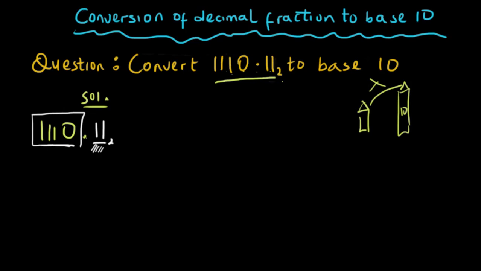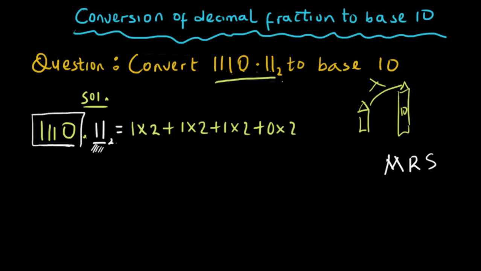Now let's look at this. Now remember, the first thing, multiply, rank, and then we have simplify. So we multiply by the base. So we have 1 times 2 plus 1 times 2 plus 1 times 2 plus 0 times 2. You see, I'm already through with the whole part: 1, 1, 1, 0.